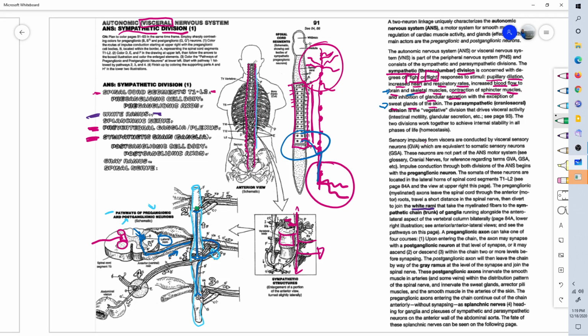which will then leave the sympathetic chain, the ganglia, and move outward to another nerve to affect some organ. Let's imagine that this is the stomach.